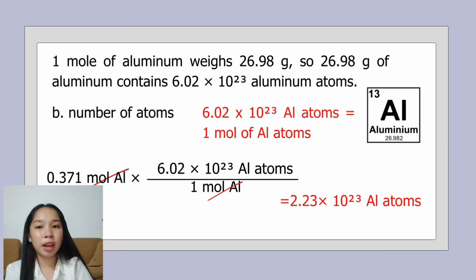To find the number of atoms, we multiply the moles by Avogadro's constant. So 0.371 moles times 6.02 times 10 raised to the power of 23 gives 2.23 times 10 raised to the power of 23 atoms of aluminum.